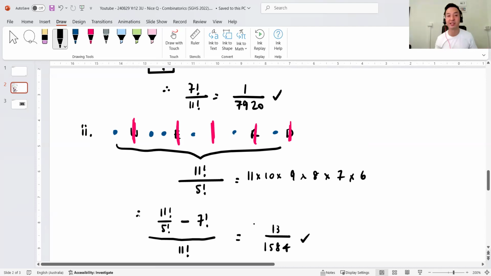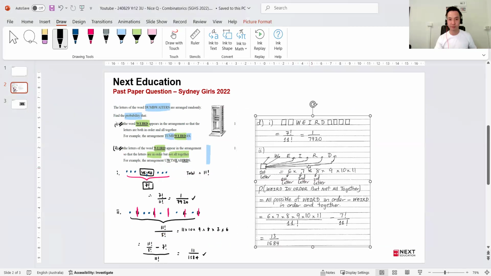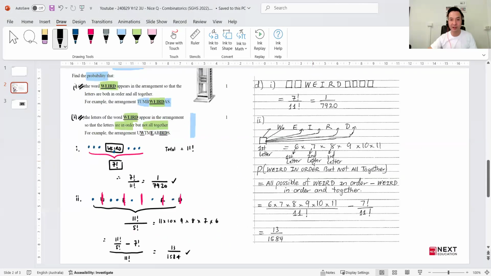And that's it, guys. That's nice. Now, just for you to see what the answer says as well, I'm just going to paste it into the document right now, right? See how they try to illustrate W-E-I-R-D, which is the same as the dividers that I have here, right?